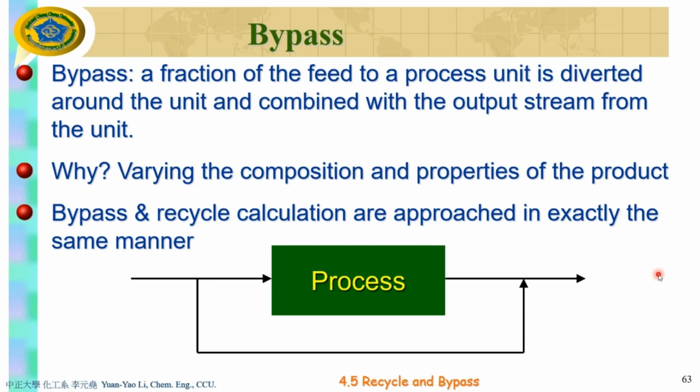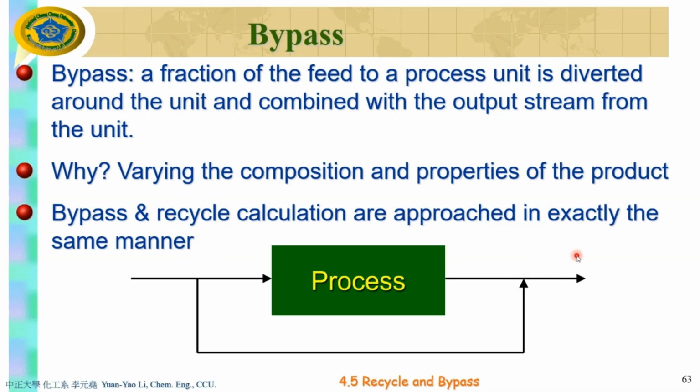Okay. So how are we going to do the mass balances using the bypass stream? The bypass and the recycle calculations are approached in exactly the same manner. Why exactly the same manner? This is a splitting point, right? Splitting point. In the recycle stream, you have a splitting point here, and now it changed to this location. And in the recycle stream, you have a joint point here, and now it becomes the joint point here.